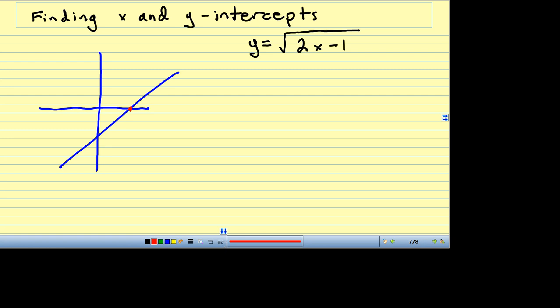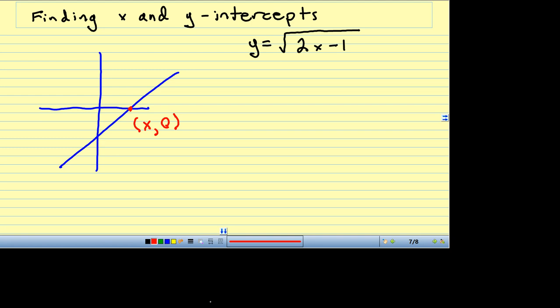What you got to notice is my y value of my x-intercept is at 0. And in fact, my y value of every x-intercept is going to be 0. So x can be a number, but your y for your x-intercept is always going to be a 0.